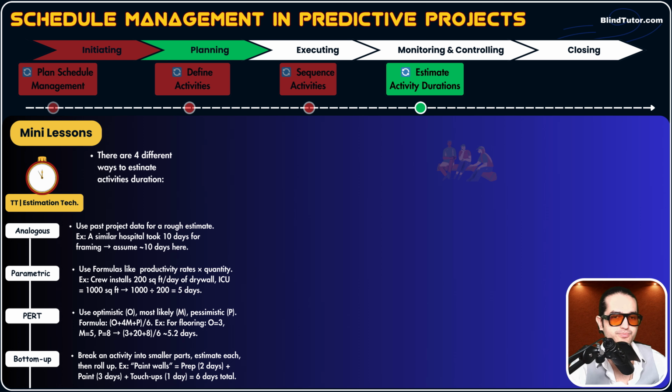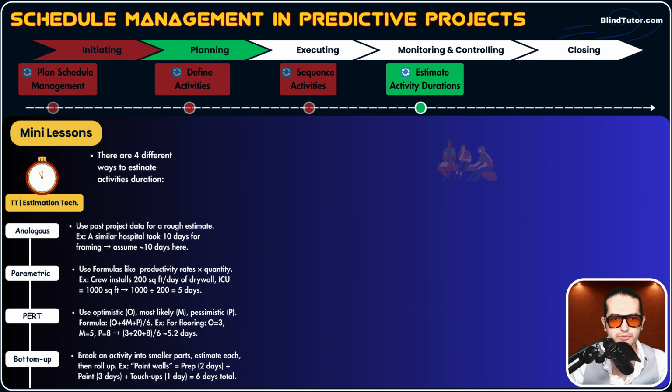So bottom-up estimation means breaking an activity down into smaller parts, and then we estimate each of those smaller parts and then roll it up. That's why it is called bottom up. This is the activity. We break it down into smaller parts and then we bottom up. We sum these numbers up to get the duration of that activity.